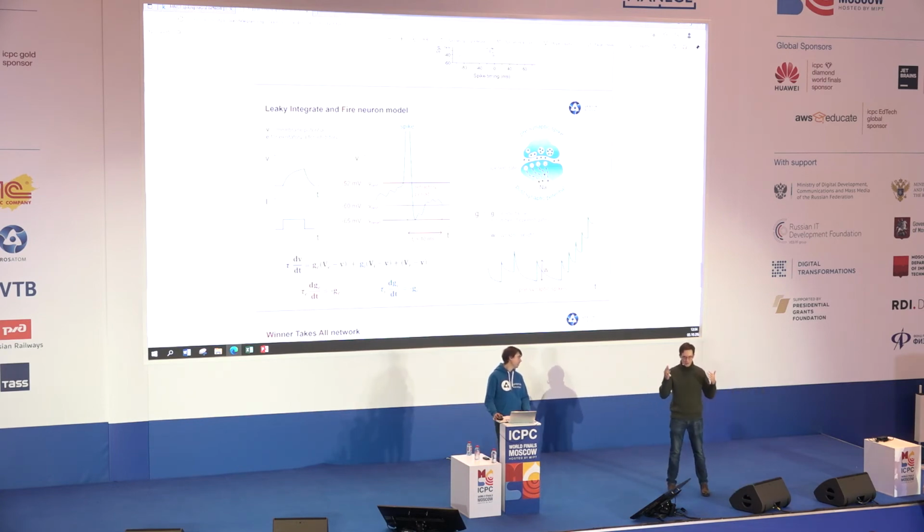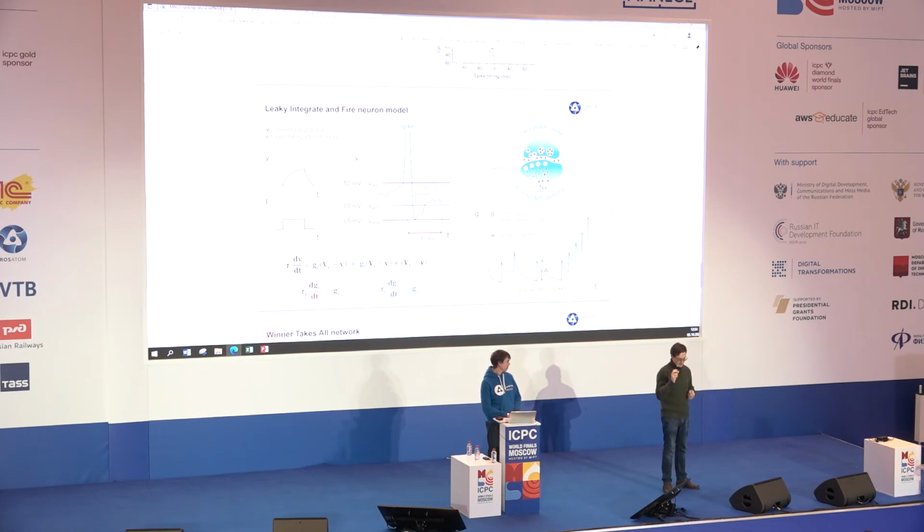Hodgkin and Huxley were awarded the Nobel Prize in 1952 for their work. But actually, you don't need such complex models in spiking neural networks because they do a lot of useless simulations.